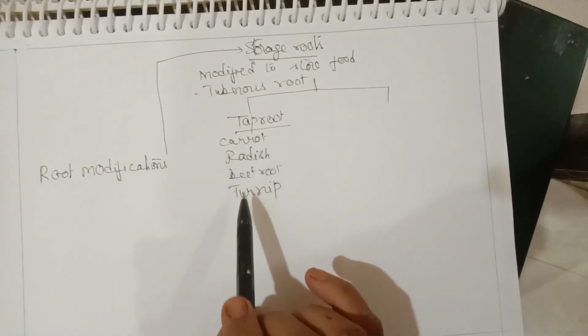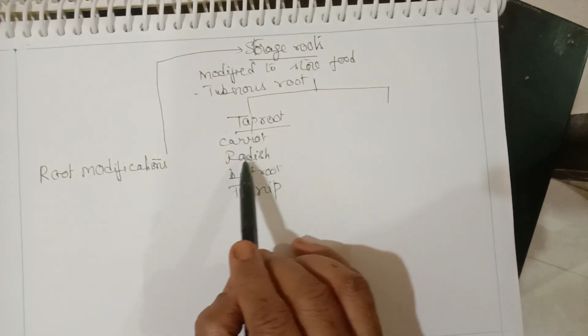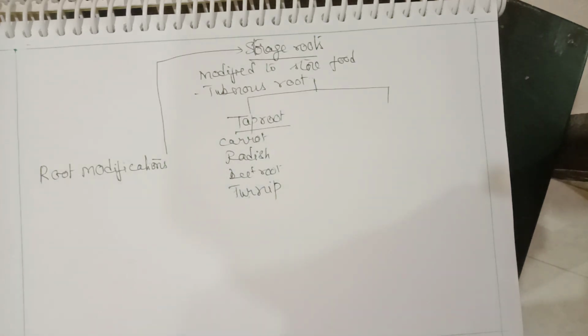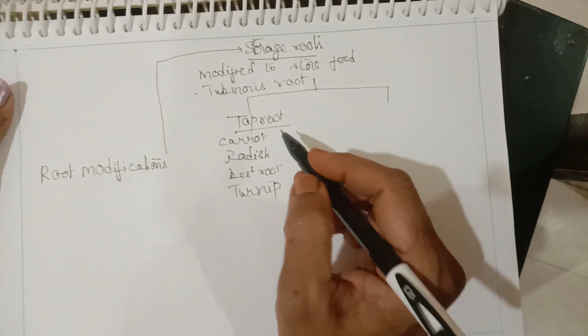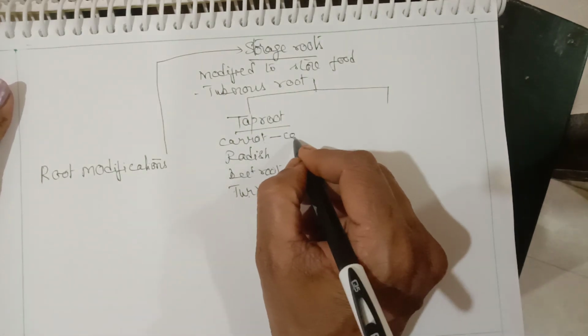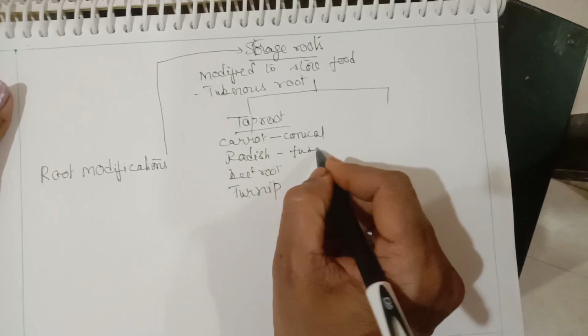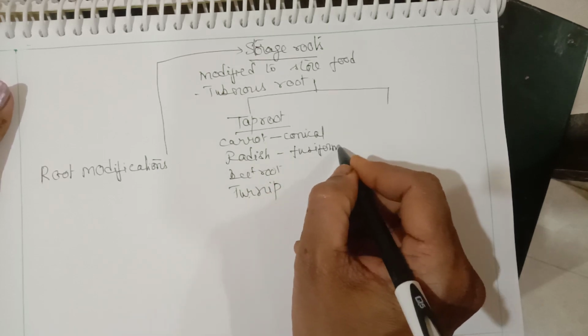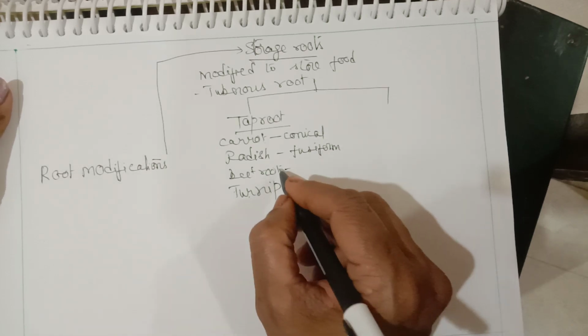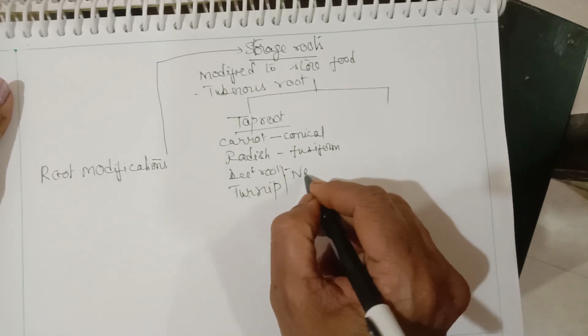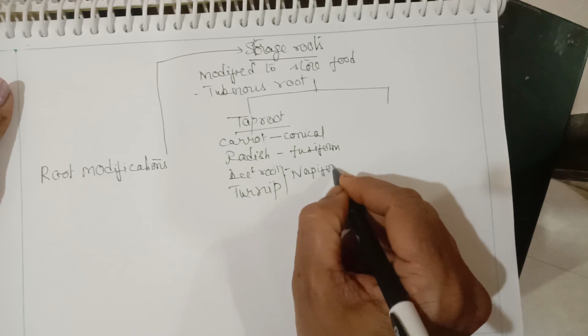These are different taproot modifications, and they can also show different shapes. Carrot shows a conical shape. Radish is fusiform in shape. Beetroot and turnip are napiform in shape.